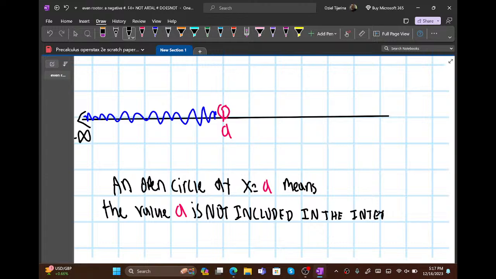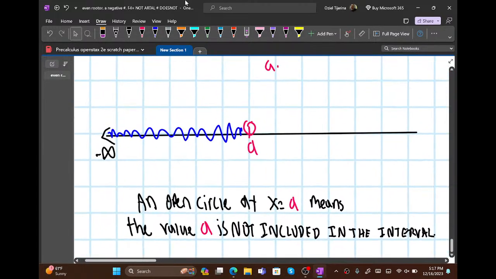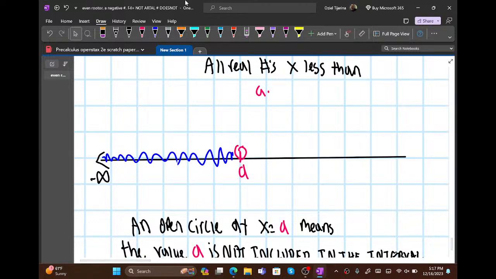These are just definitions, guys. You'll see how this connects to functions. Okay. So the way we would say this, again, you're going to think about it the way that you would say this in interval notation.